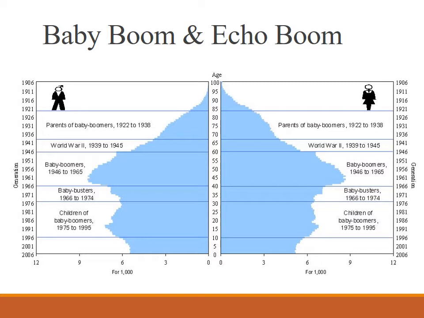You can see that on the population pyramid of the United States here above, right? If you look right at the center, you see that baby boomer generation who's born from the people that fought in World War II.